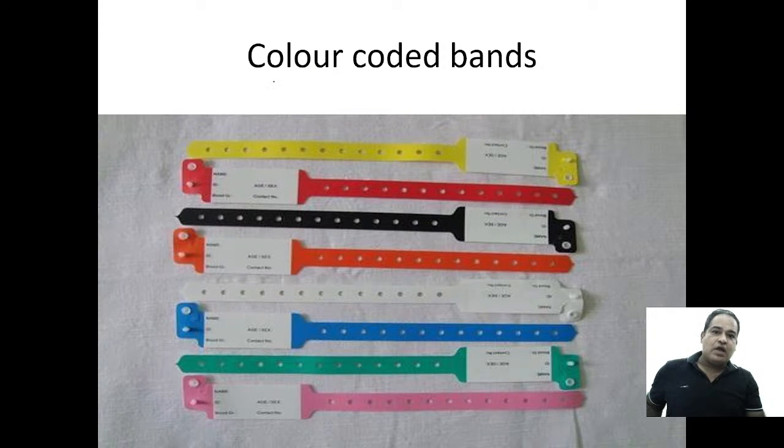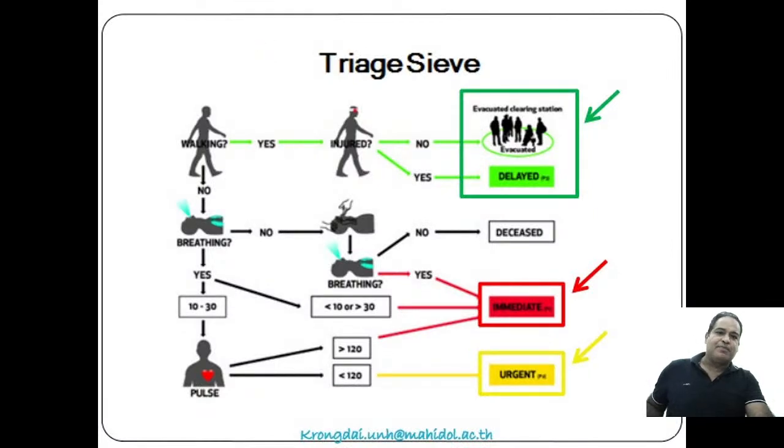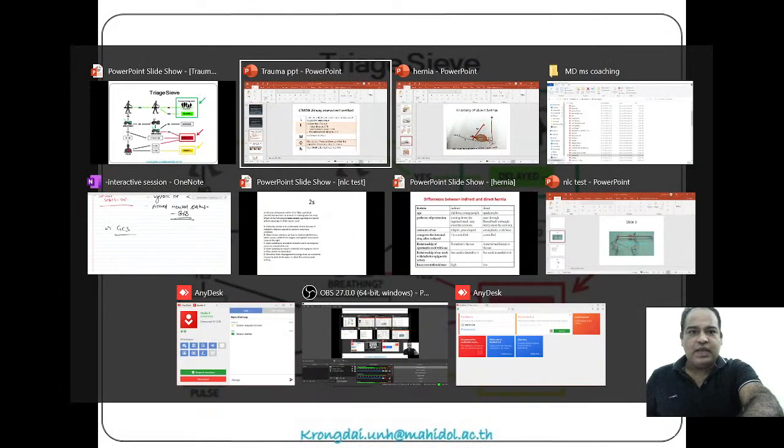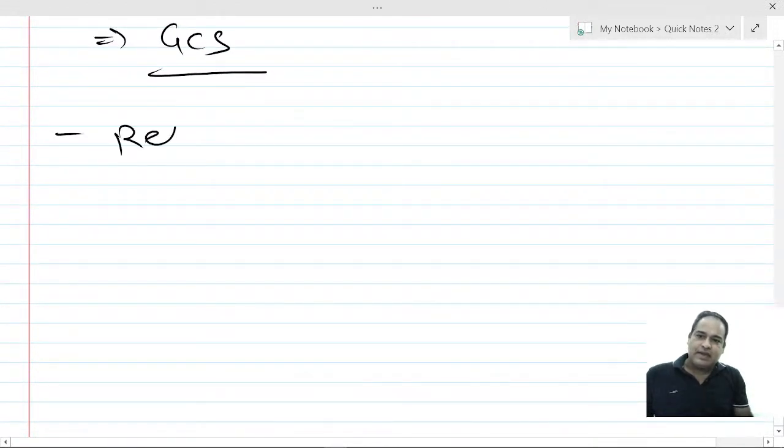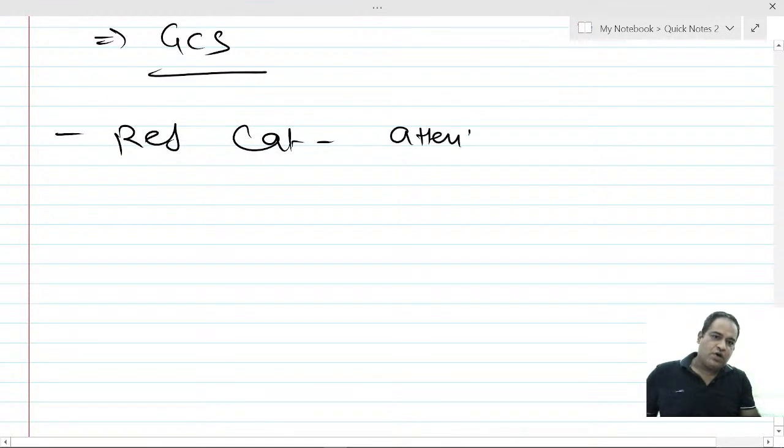So you give color coded bands to the patients. See, trauma is important. In trauma, the red category patients are attended first of all.